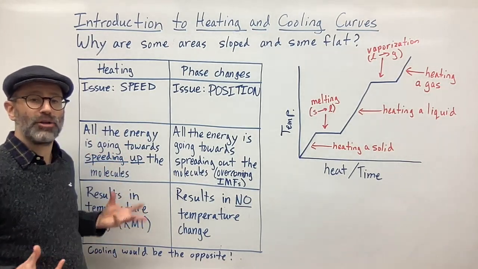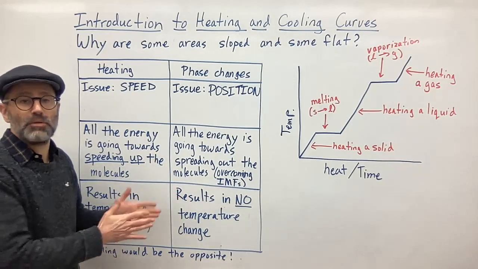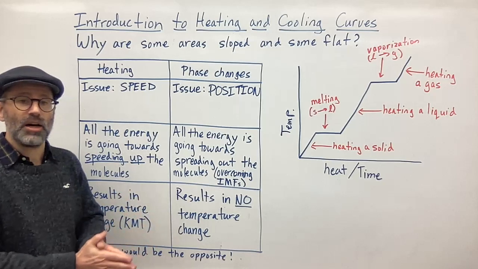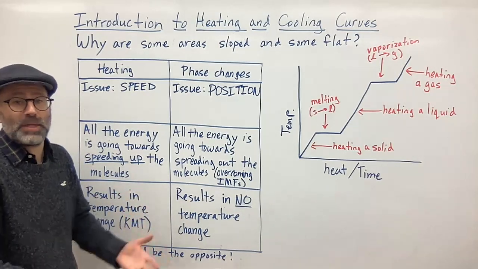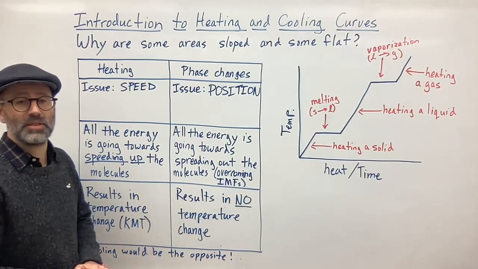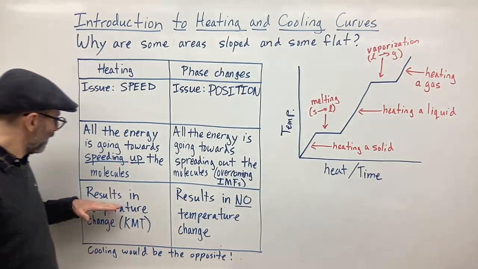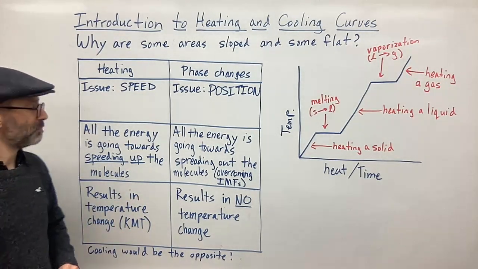And if the energy is going in to make them faster, then you're going to get a temperature change, because temperature is the measure of how fast the molecules are going. So the temperature of the substance is going to go up. This results in a temperature change. So that's KMT, kinetic molecular theory.